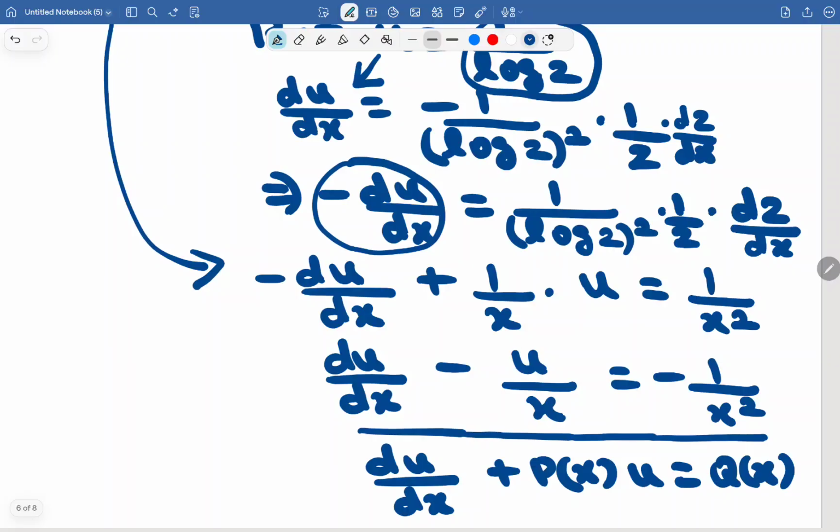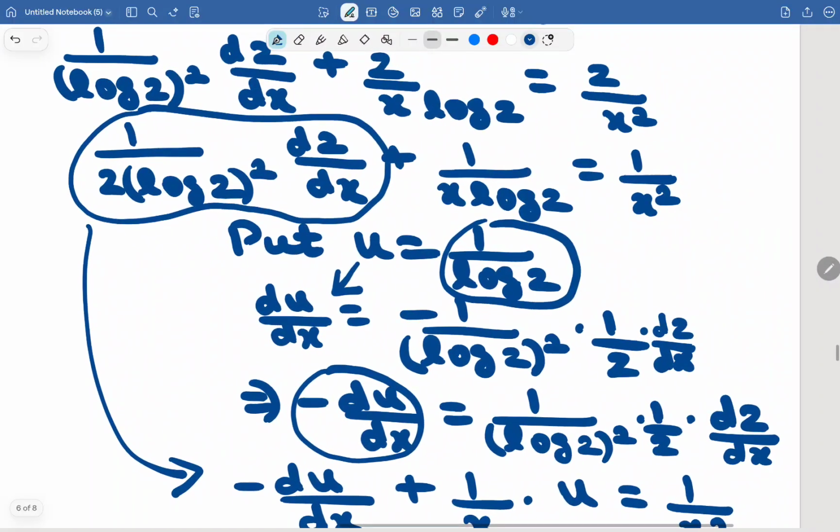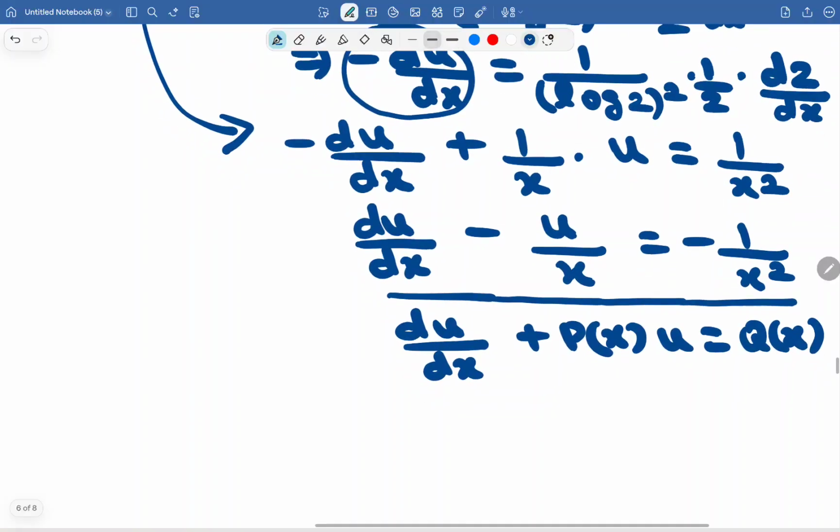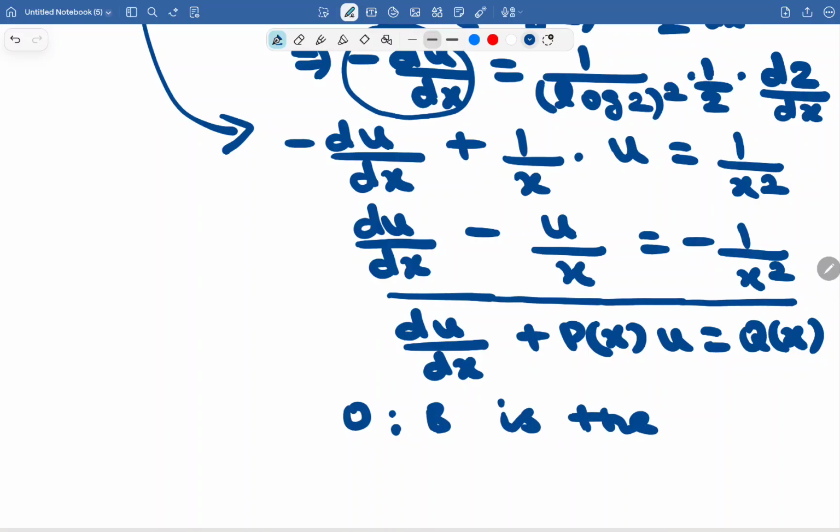This happens only by taking u as 1 by log z. For this problem, option B is the correct option.